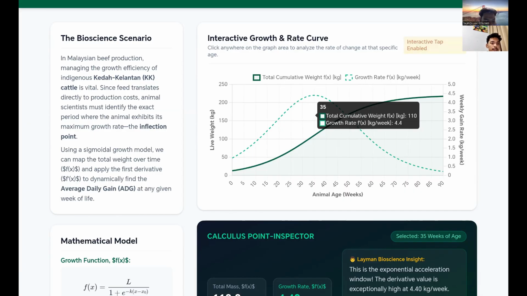Mathematically, this is the inflection point of our logistic curve, the exact moment where the first derivative reaches its maximum in the animal's growth phase. Beyond this point, the rate of weight gain will begin to decline.